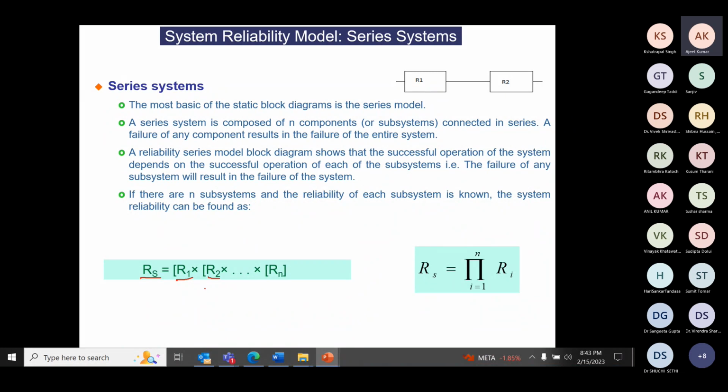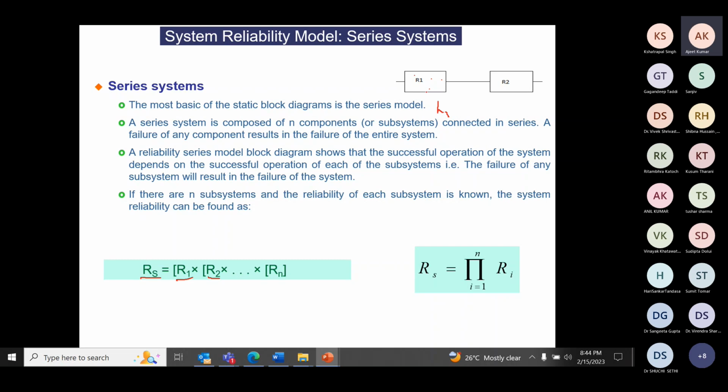Now the question is how to find R1. Suppose this is a PCB with many components, say 4 components. Every component has some failure rate: lambda 1, lambda 2, lambda 3, lambda 4.